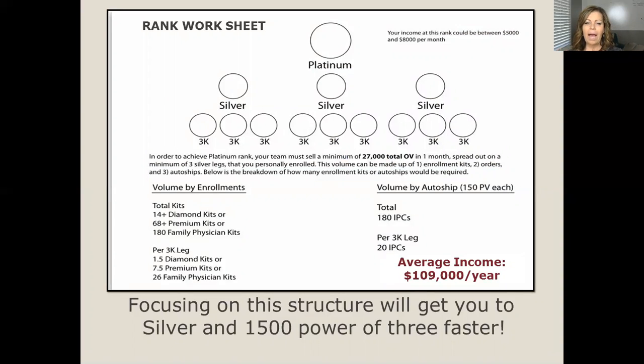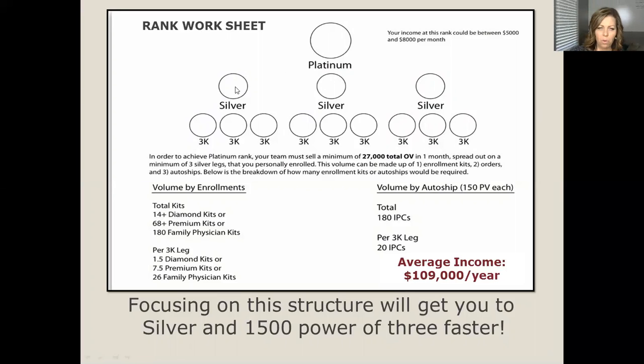However, I highly recommend that you look towards placing people in the structure to eventually hit platinum. Let me explain why. When you are focusing on your structure, this right here, if you're focusing on this, is going to help you build a strong $1,500 power of 3. It'll also help you focus on the right places in your structure to build people, okay?